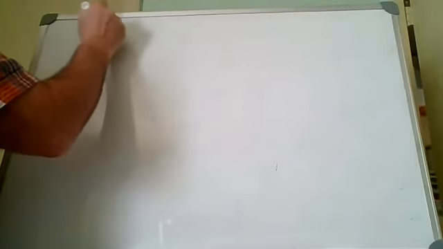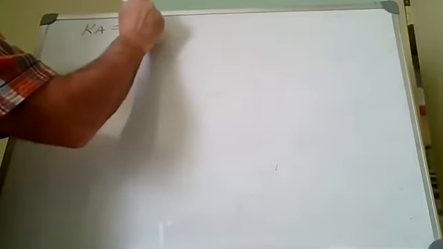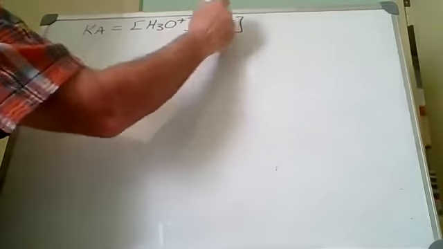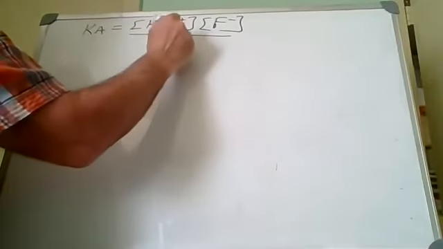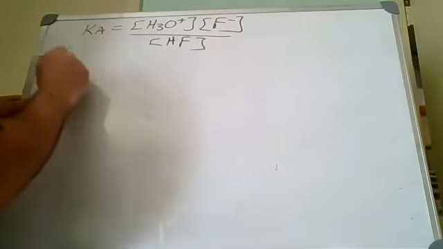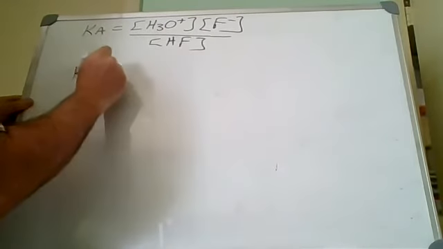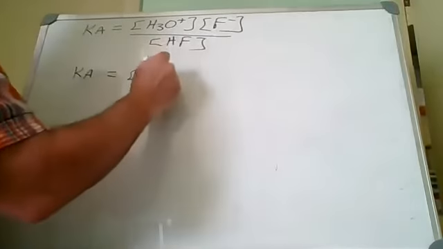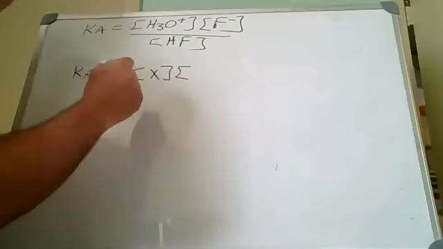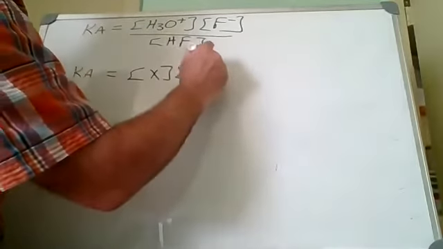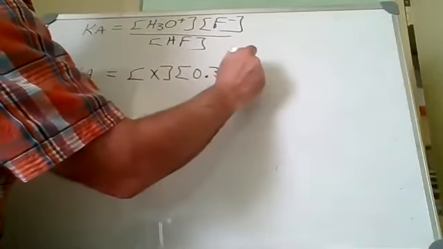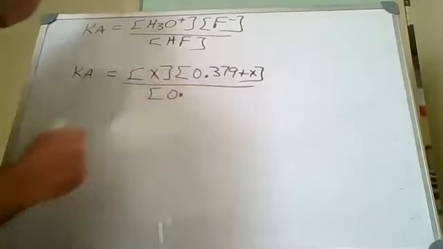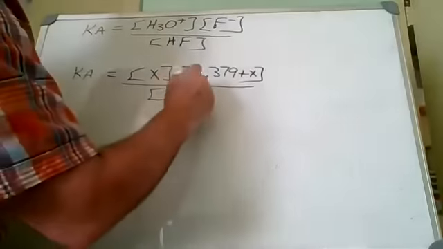Ka equals the concentration of hydronium ion times fluoride ion divided by hydrofluoric acid. Substitute in the values from our ICE table, and we have x times 0.379 plus x, divided by 0.138 minus x.